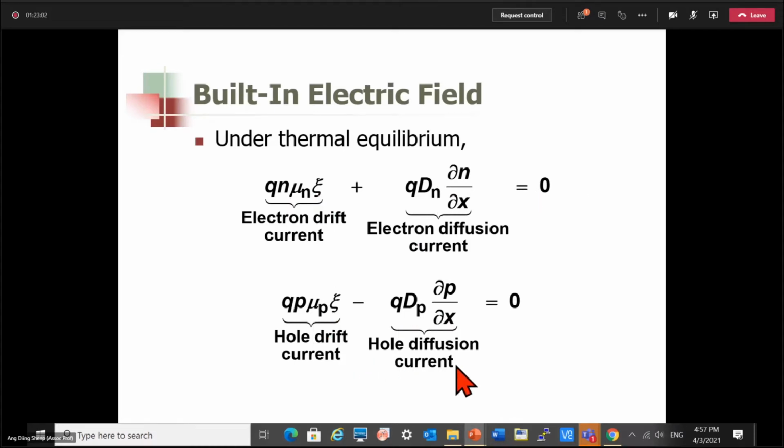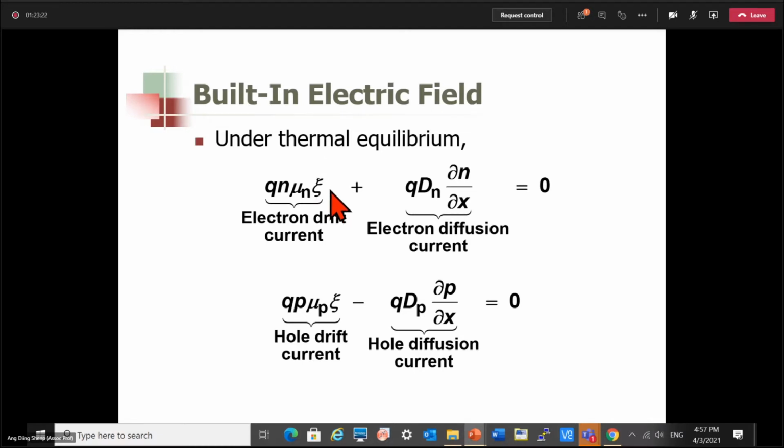Likewise for the holes. Based on this understanding, and provided we know the electron concentration profile across the junction, so that we can evaluate N and dN over dx, we can then find an expression for the electric field, conceptually speaking.